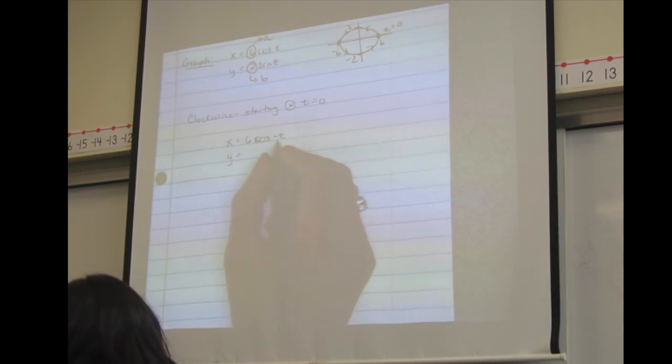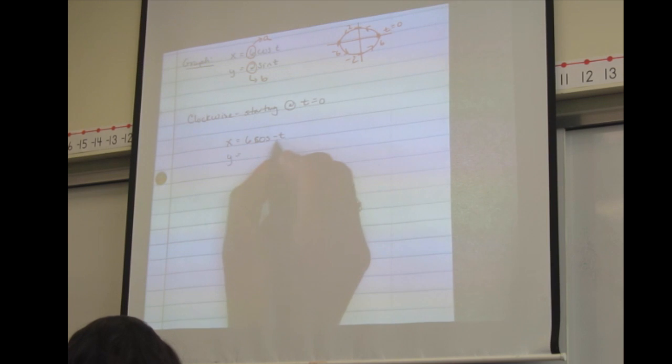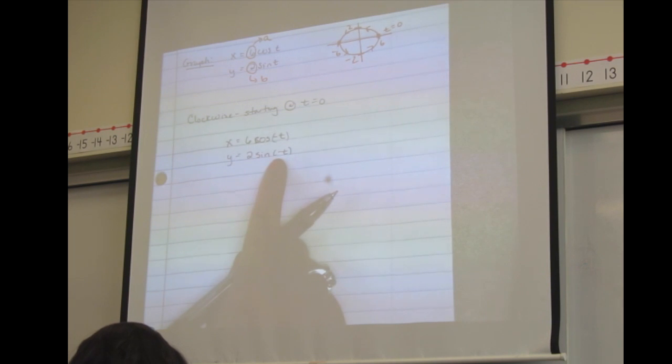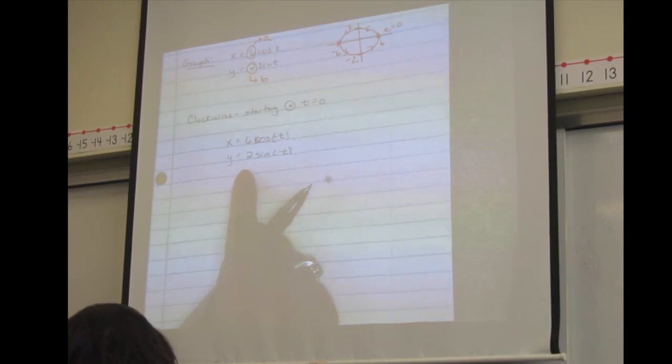So this one's here: 6 cosine negative t and 2 sine negative t. Now, some of you said, just make this one negative, right? You actually made this one negative up front.